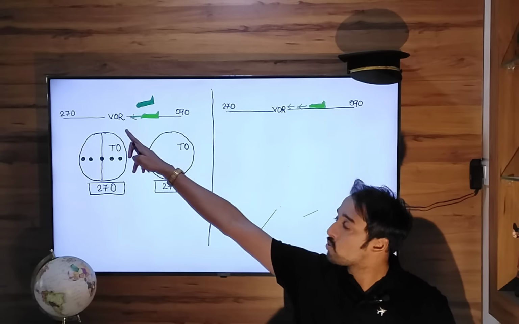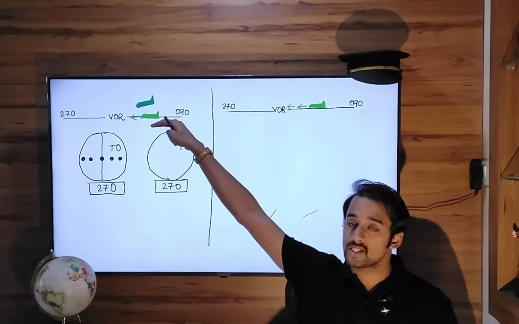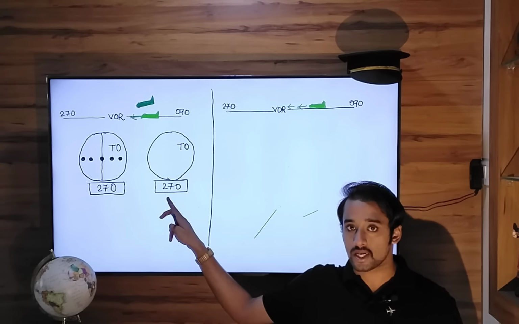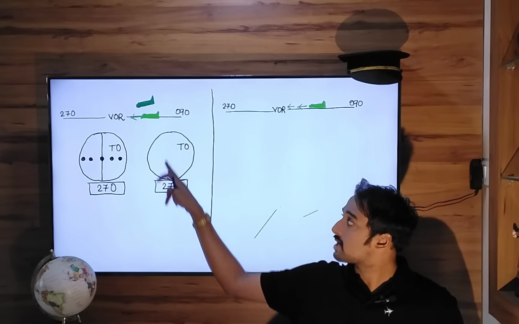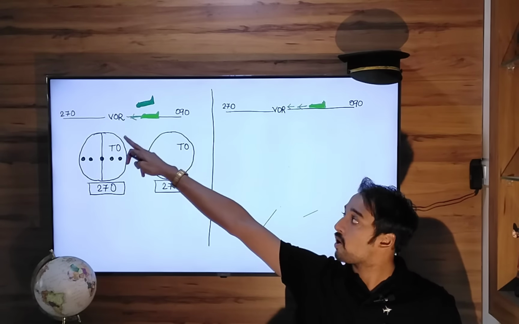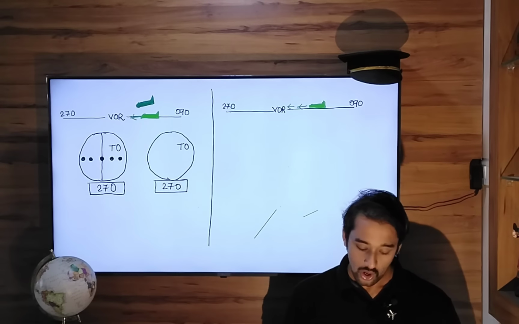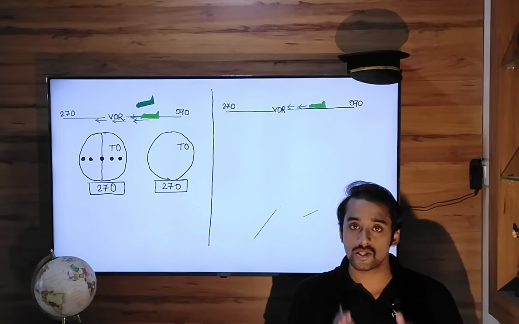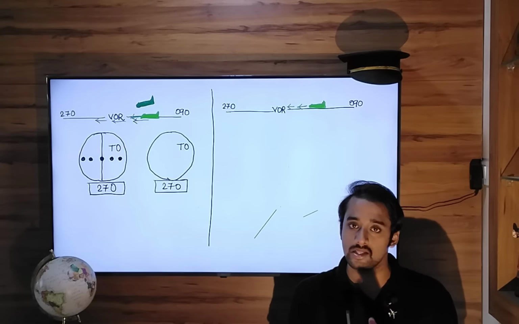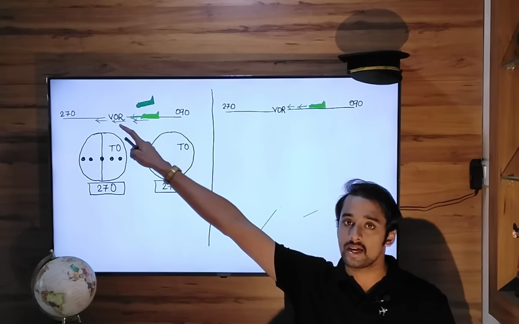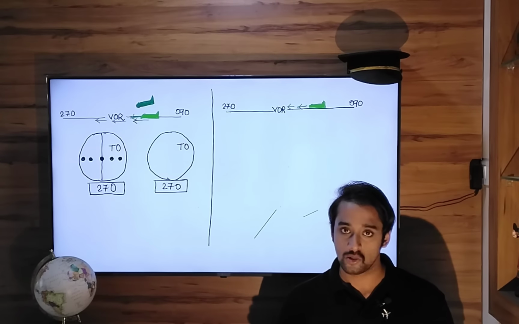Now, going towards the VOR, our aeroplane has drifted to the right hand side. What setting have we put? 270 setting. Now 270 is nothing but the reciprocal of 090. So we can reach radial 270 only when we fly radial 090. So we have to constantly maintain the radial 090 center line and overfly the VOR, and only then will we transition to radial 270.